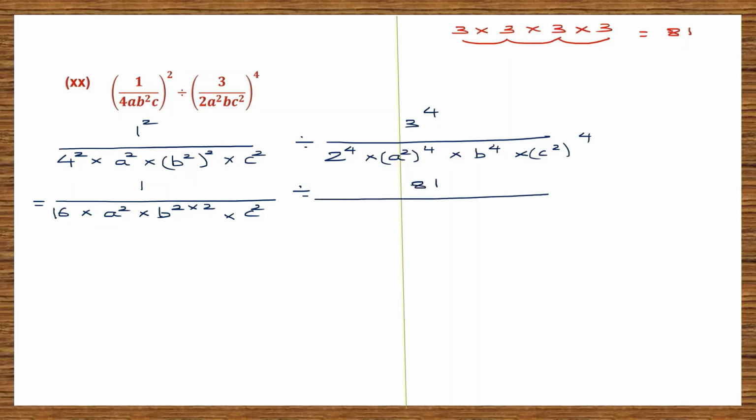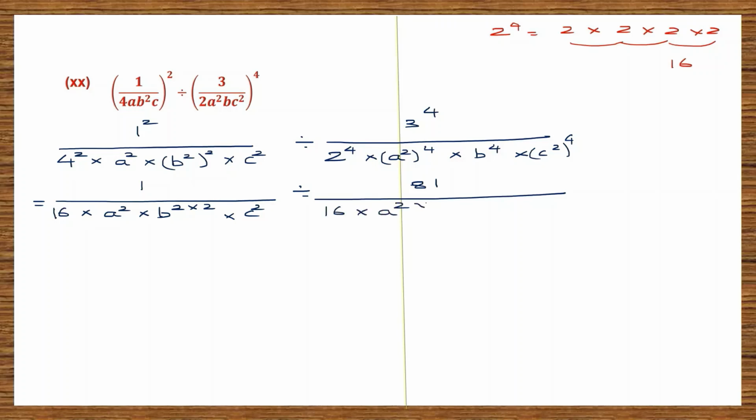In the denominator, what do we have? 2 to the power of 4, which is 2 into 2 into 2 into 2. 2 2s are 4, 4 2s are 8, 8 2s are 16. So in the denominator, we have 16 into a to the power of 2 into 4 into b to the power of 4 into c to the power of 2 into 4.